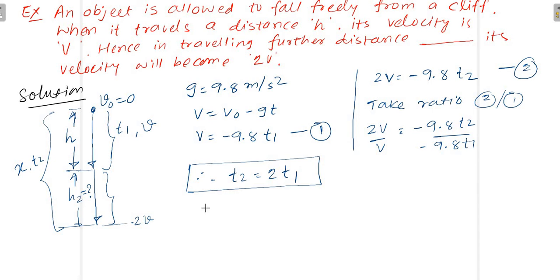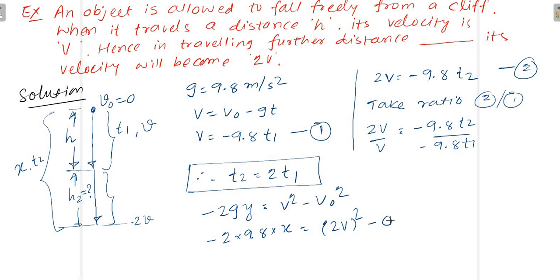So what is final velocity? Is 2v. We know that you can say minus 2g into y is equal to v square minus v0 square. Now what is final displacement? Let us say it is equal to x. So minus 2 into 9.8 into x is equal to final velocity is how much? 2v square minus 0 square.